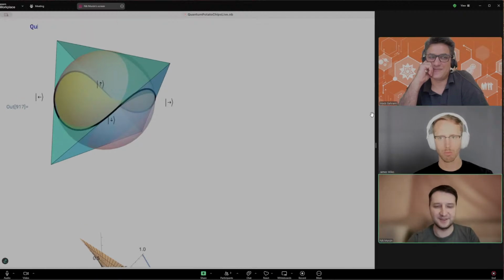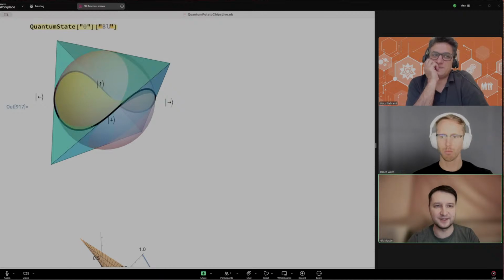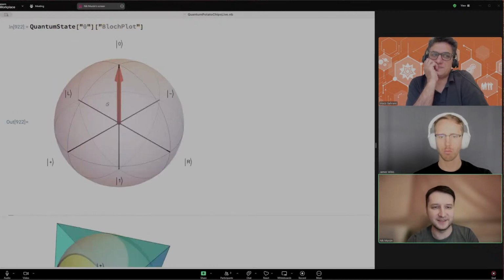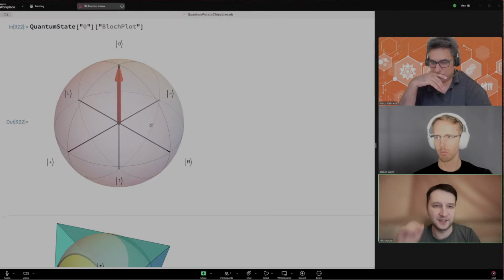Let's start with a simple quantum state and the Bloch sphere, or Bloch plot. That's the basic picture for the quantum state or qubit. Representing any two-dimensional quantum state on a Bloch sphere is the most natural way of representing it geometrically.